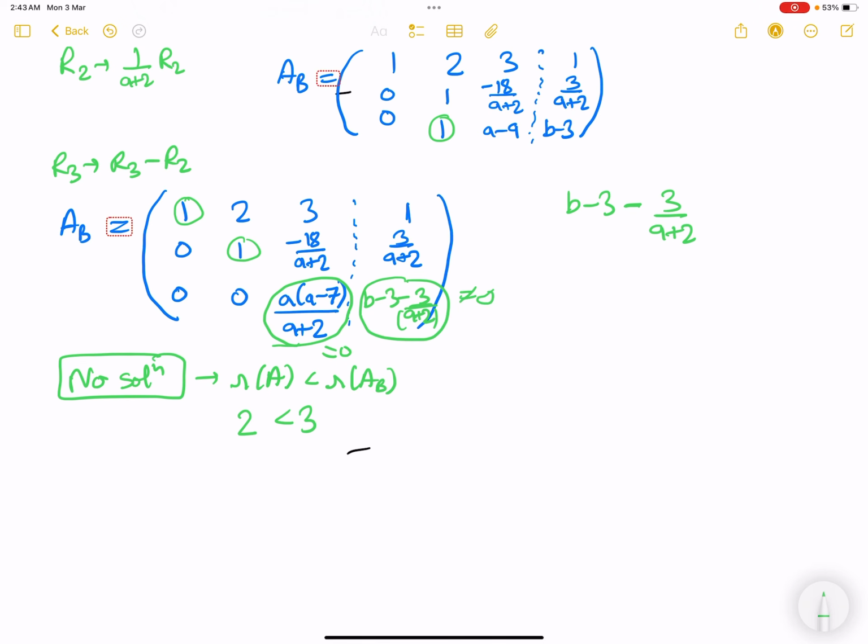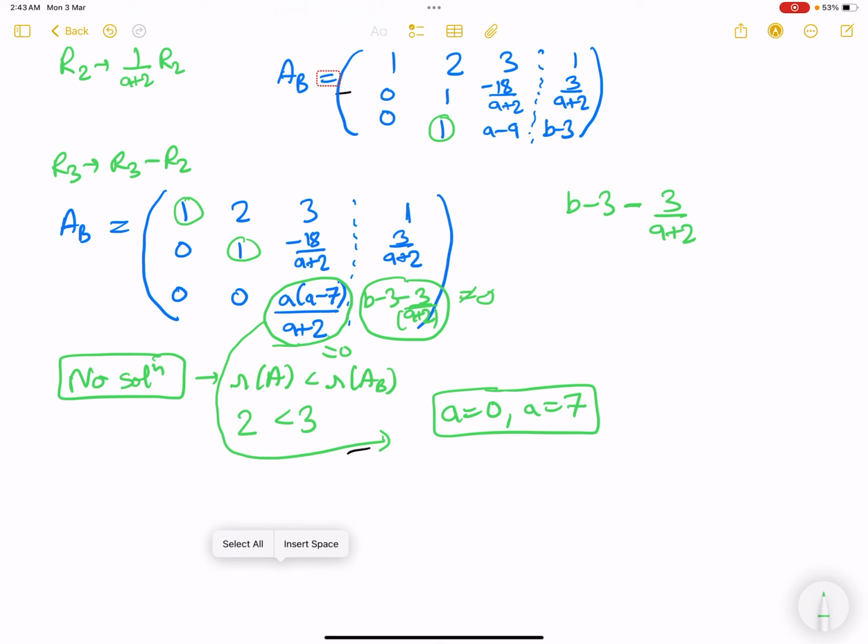Okay, so this term is 0 when a is 0 or a is 7. So we have seen if a is 0 and a is 7, this term is 0. Right? So no solution would exist when this is 0, so that rank of A is 1 and this is not 0. So suppose a is 0, so this term should not be 0.